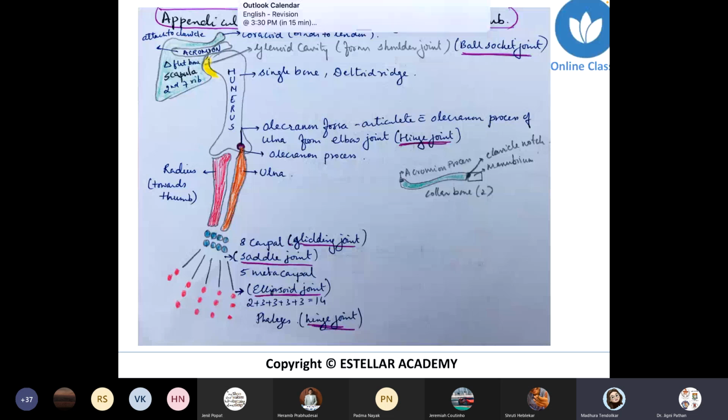On the right, the circle thing. Olecranon? You're talking about the fossa? Yes, ma'am. Olecranon fossa articulates with the olecranon process of the ulna and forms the elbow joint. I'll explain you. Just write down this.